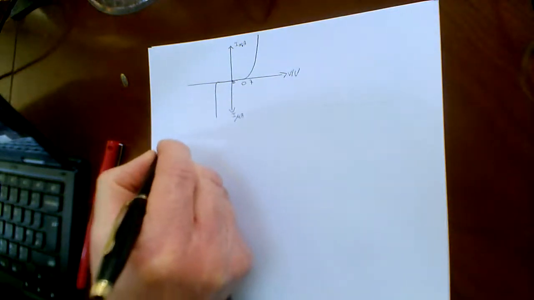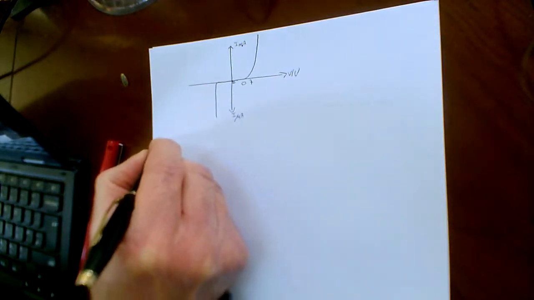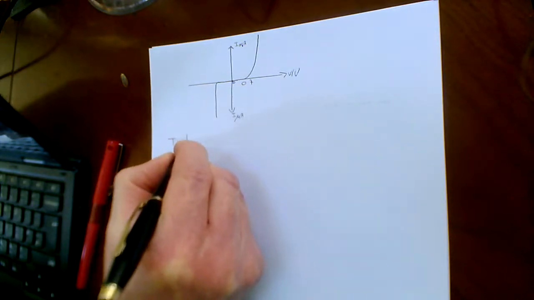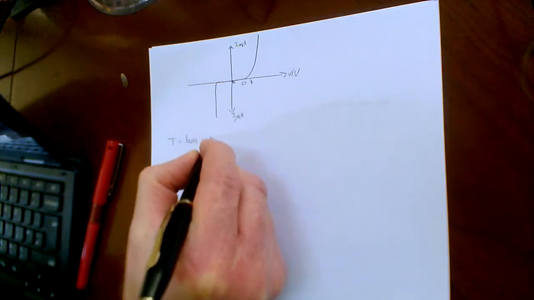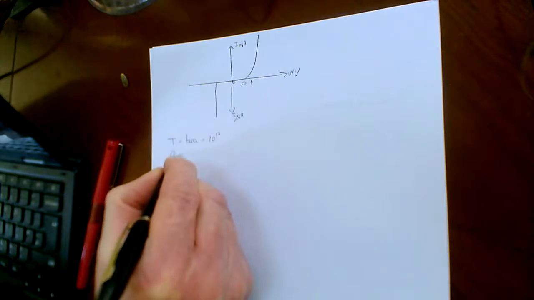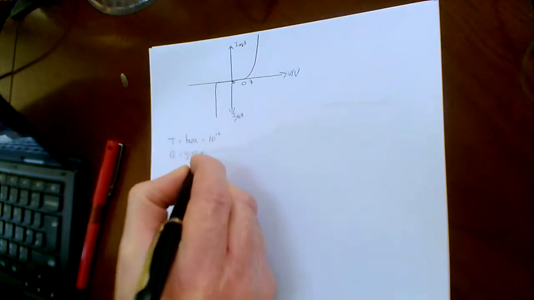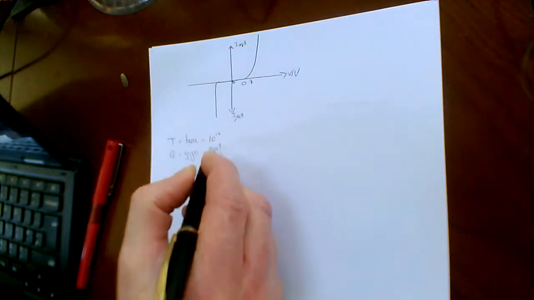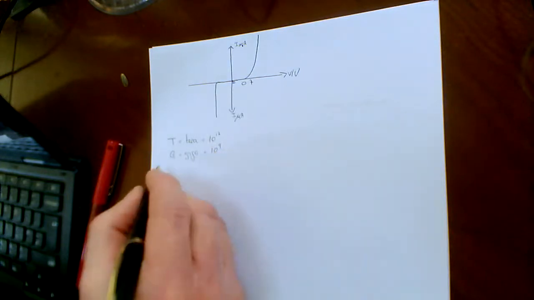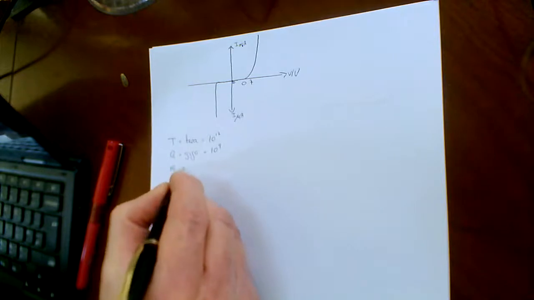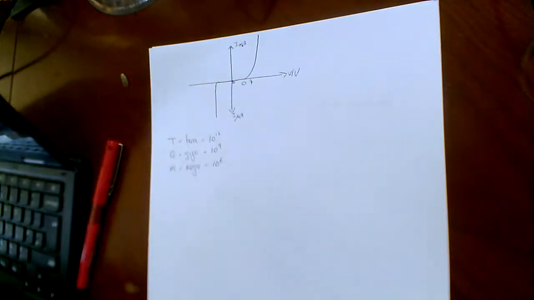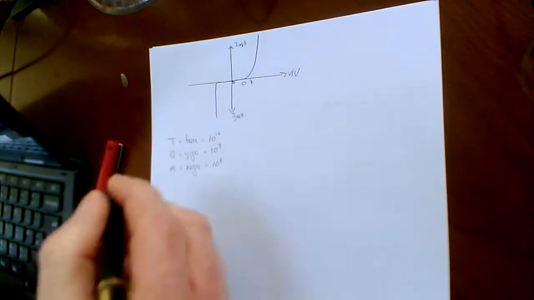If we go from the top, the biggest prefix, capital T is for tera, which is 10 to the 12, that's a million million. Giga, capital G, is 10 to the 9, it's 1,000 times smaller, that's 1,000 million or a billion. Then you have mega, which is 10 to the 6, another 1,000 times smaller.